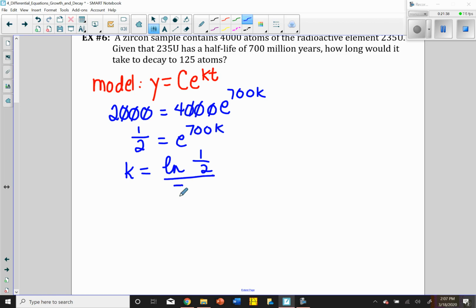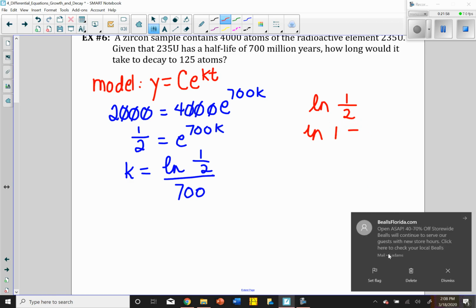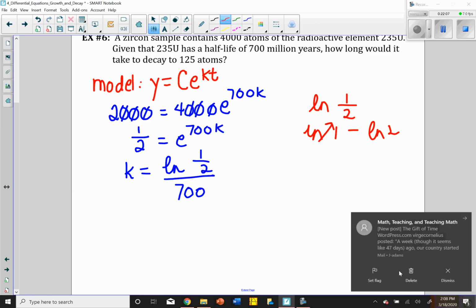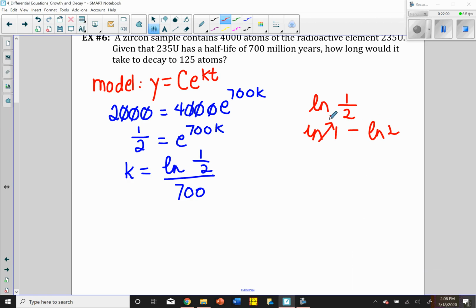divided by 700. So let's stop for a minute and think about the properties of natural log so you can see where that formula came from. When you have a natural log of 1/2, that can be rewritten as the natural log of 1 minus the natural log of 2. Well, the natural log of 1 is 0.